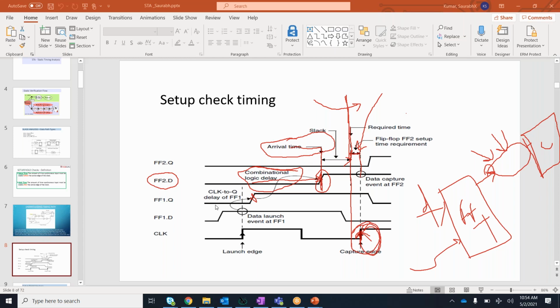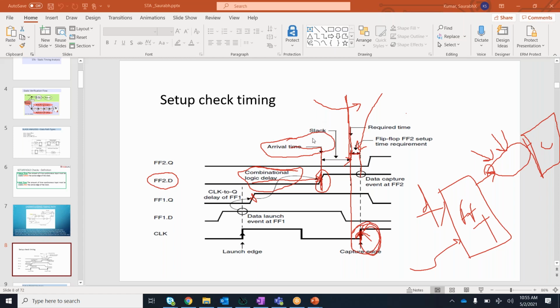And what is my arrival time? The actual time the data takes to reach the D pin of the capture flop is called the arrival time of the data.